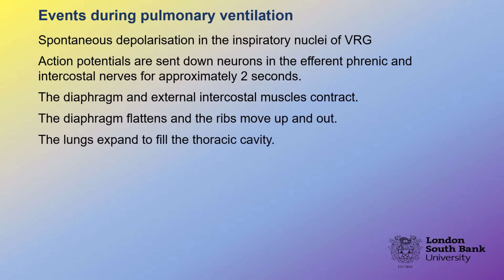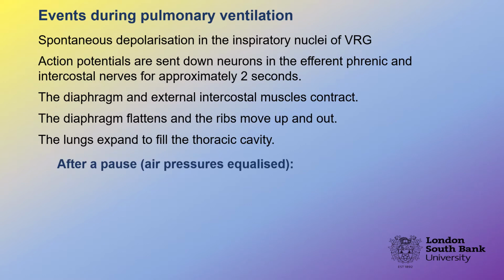The lungs, because hopefully they're attached to the walls of the thoracic cavity, also expand. When they expand, they're going to increase the volume in the alveoli. If you increase the volume, you decrease the air pressure within the alveoli. It becomes less than atmospheric air pressure. Consequently, air moves from an area of high pressure to low, so it moves into the lungs.